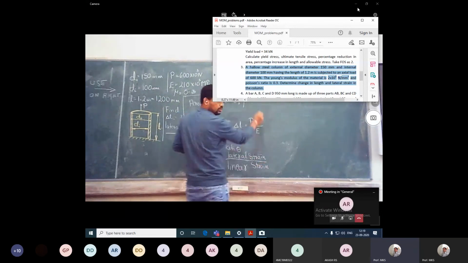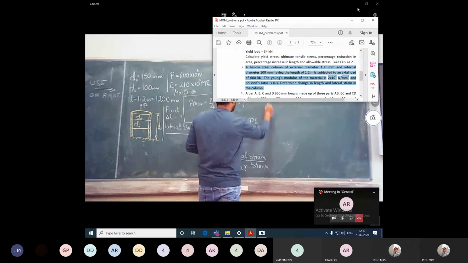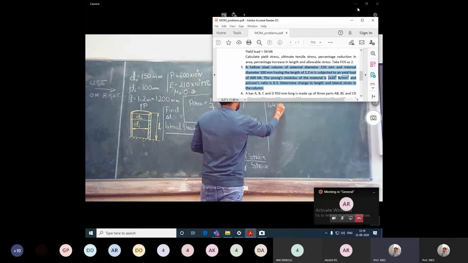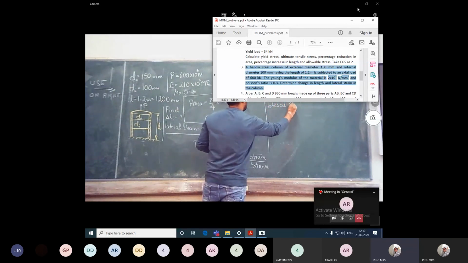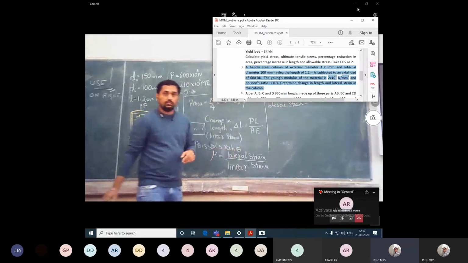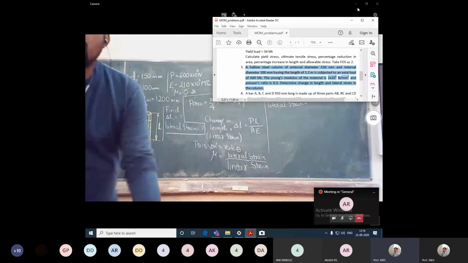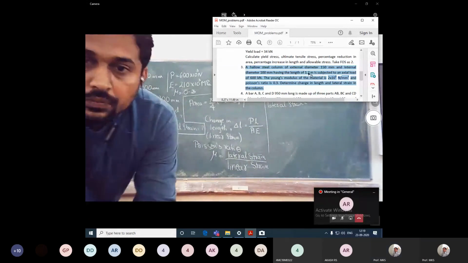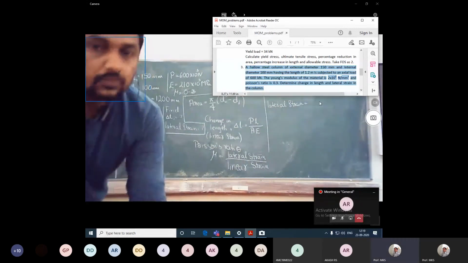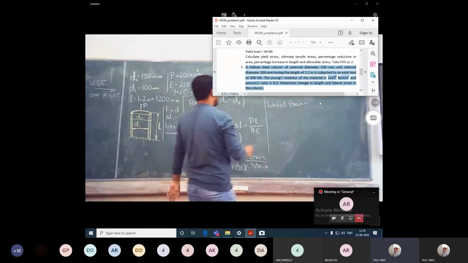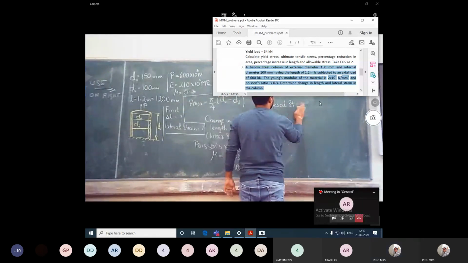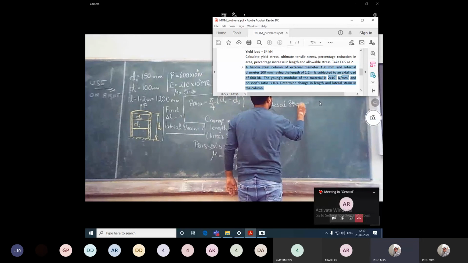So now you find out the lateral strain. How much it is, you just find out. It is just a number.